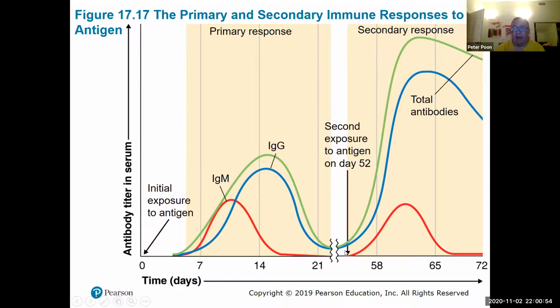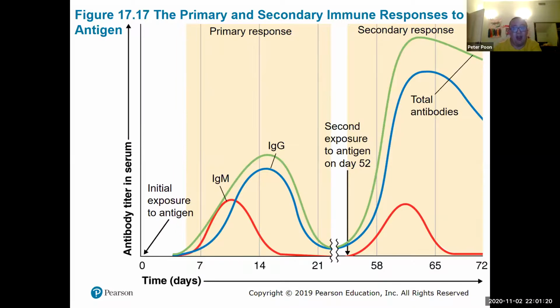The second exposure, after you've recovered, I inject you a second time. The time it takes to generate this response is about 3 days to get really high. This is actually kind of incorrect, but it keeps going up, which is true. The total response is about 1,000-fold bigger.